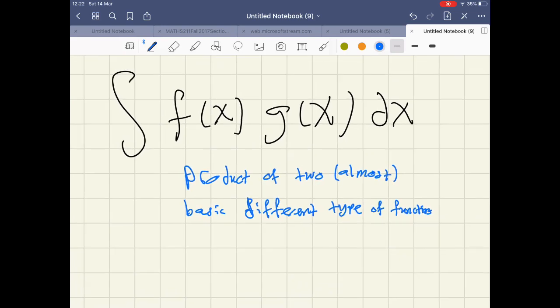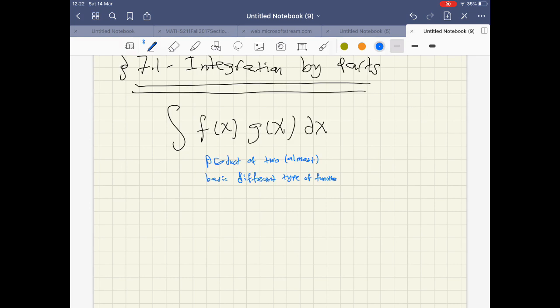Now, what are the types of functions? You remember we have the family of logarithmic functions, something like ln x, log 2x, maybe ln 3x, and so on. This is the logarithmic family. We have the family of the inverse functions, sine inverse of x, arc cosine of x, which is cosine inverse, and other inverse functions.